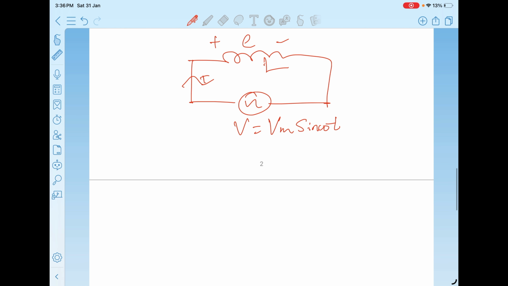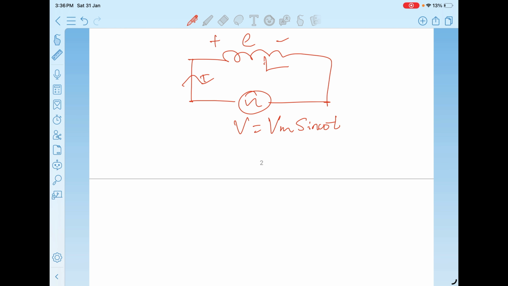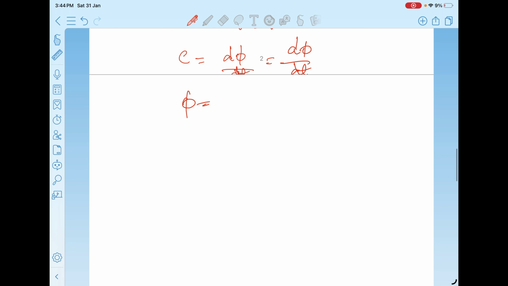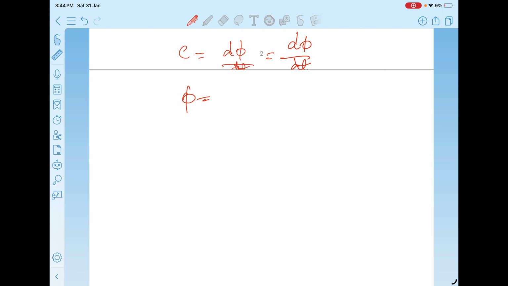From Faraday's law, we know that this induced EMF E is due to change in flux. So E = dφ/dt, and there is one more relation between flux and current: the total flux linkage is equal to inductance times the current carried across the conductor.